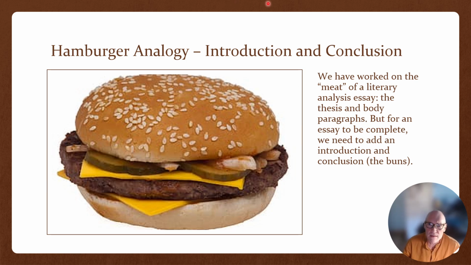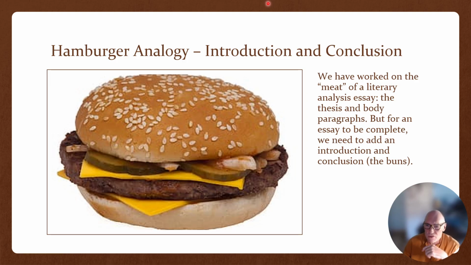So we've looked at the meat elements, the meat and the fixings, such as locating the theme, making claims, providing evidence from the text of the stories to support your claims. That's really the heart, the meat of what goes into the body of your essay.